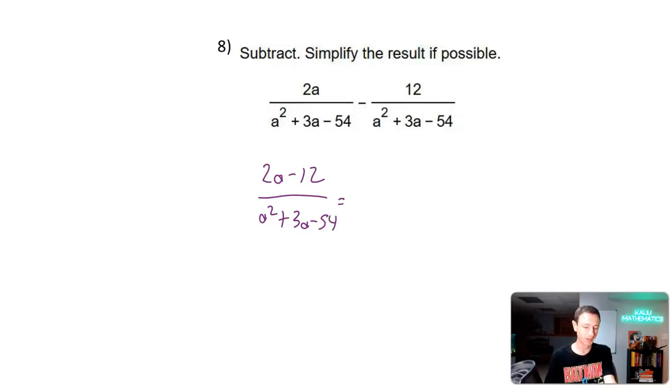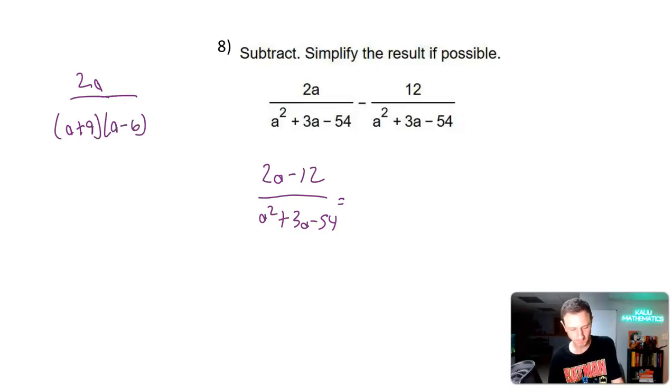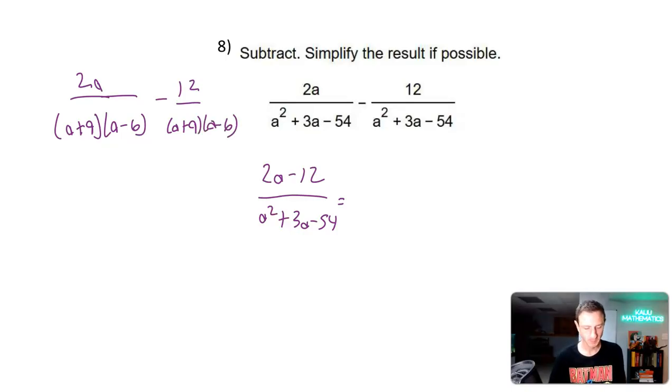Or you could factor the denominators from the beginning. Like I could write this as 2a over, and then factoring that is going to be 9 and 6, so a plus 9, a minus 6, minus, then the same thing, a plus 9, a minus 6. So let's go with that.